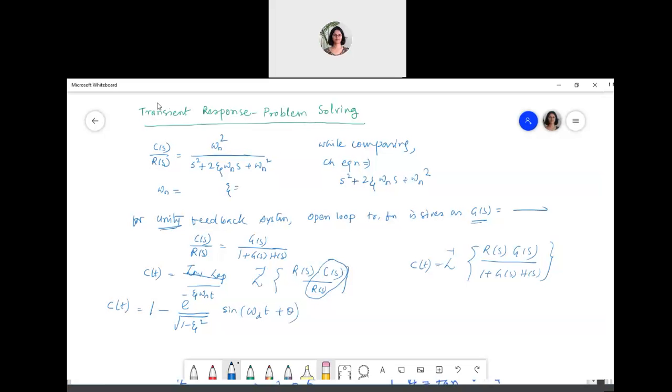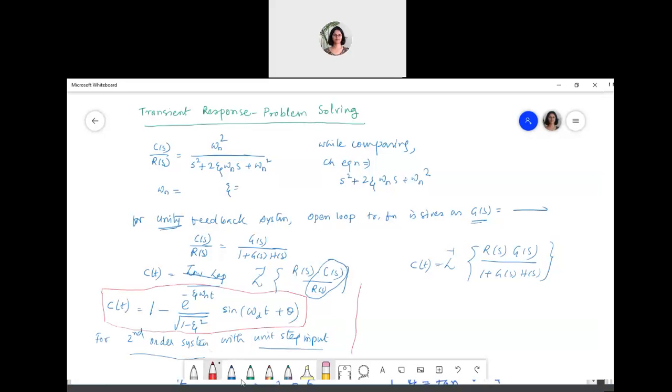This is the response for a second order system with unit step input. If the input is different, of course the response will be different, and in that case I have to calculate using the inverse Laplace method. If it is a unit step response of a second order system, I can directly use this relationship as the output response.